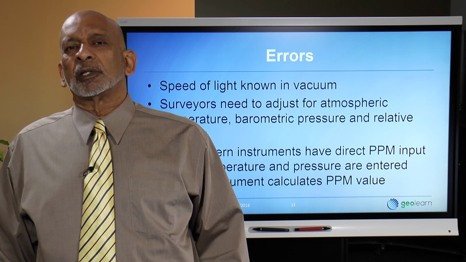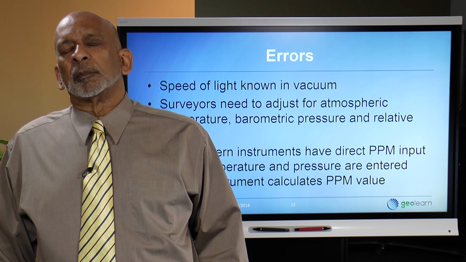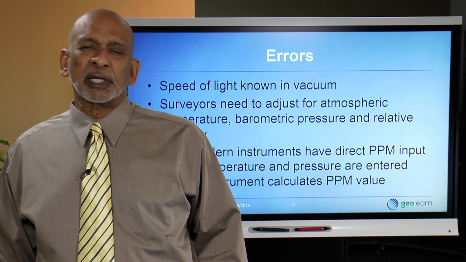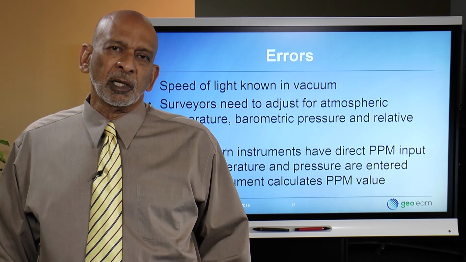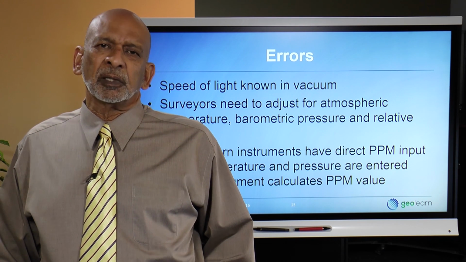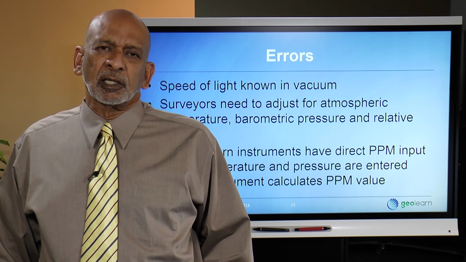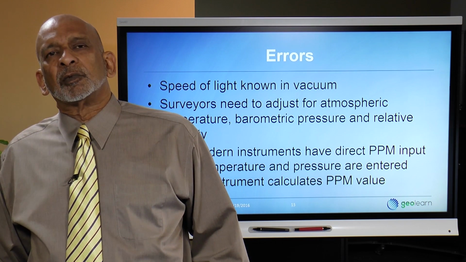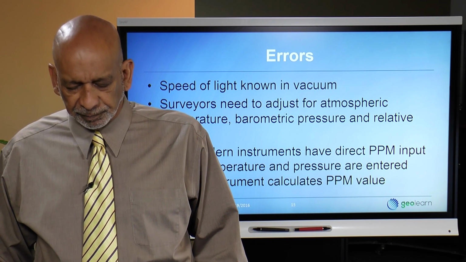It turns out that the relative humidity is about half a part per million for most electro-optical distance meters. So typically, unless you're doing a geodetic quality EDM measurement, it's not necessary to measure relative humidity. But you do have to make corrections for barometric pressure and temperature.